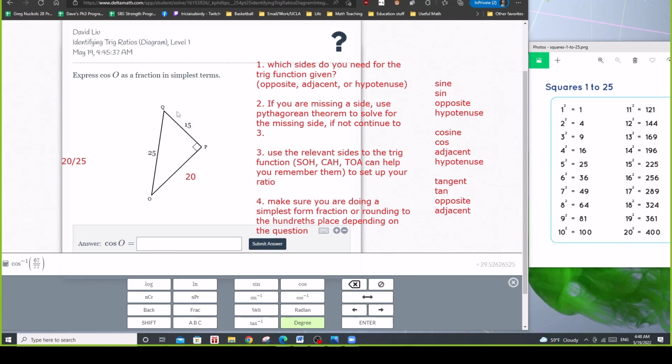So for this one, it is fraction in simplest terms, so 20 over 25 will simplify into 4 over 5, okay? These are the steps you take to solve it, okay?